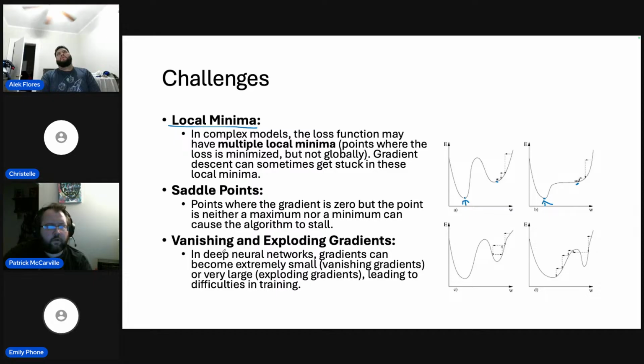There are also vanishing and exploding gradients, which can become extremely small or extremely large and lead to a lot of difficulties in training. And then there are loop situations that can happen. With this one, we start up here and say we need to decrease our parameter, so we decrease it and move in this direction.